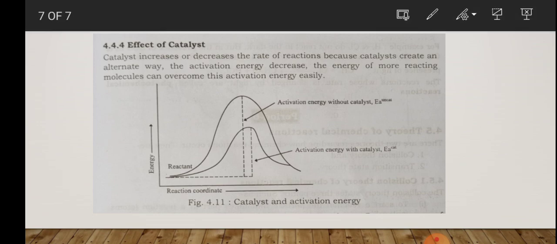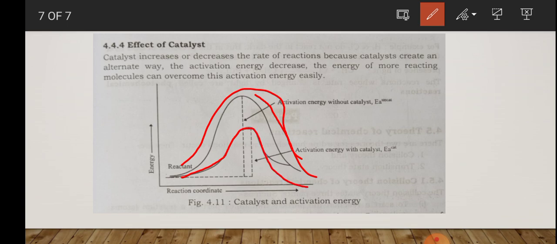Here you look, this is the path of activation energy without catalyst, and this is the second way after adding catalyst.